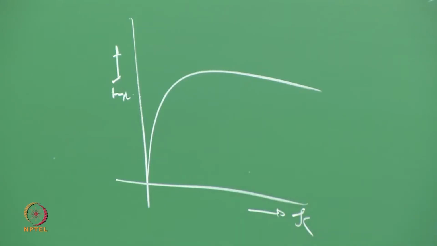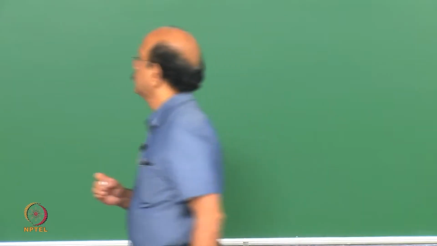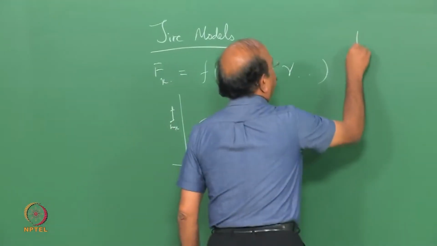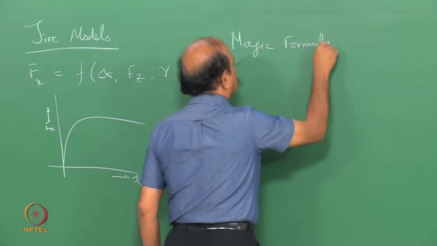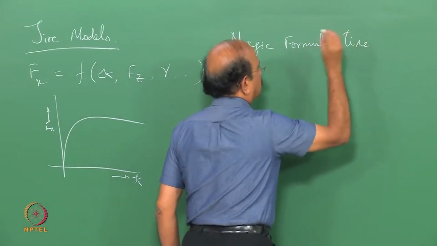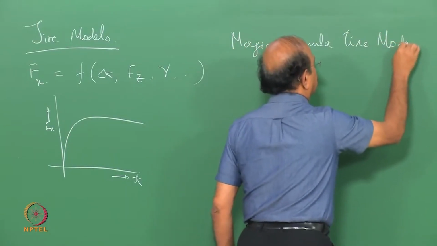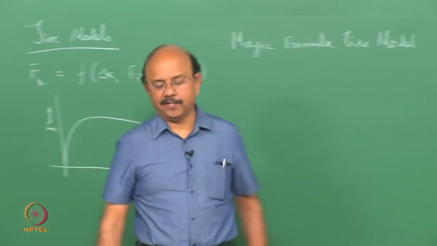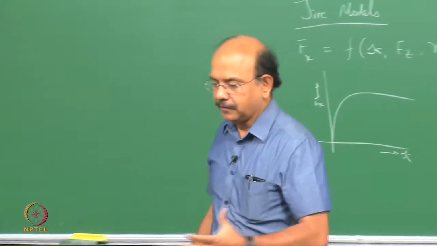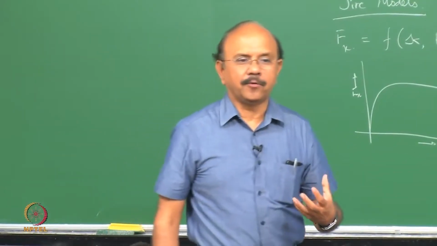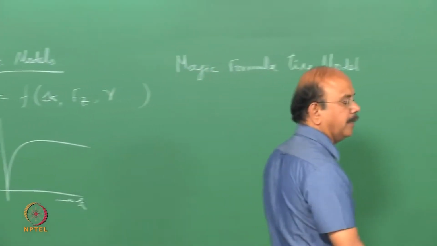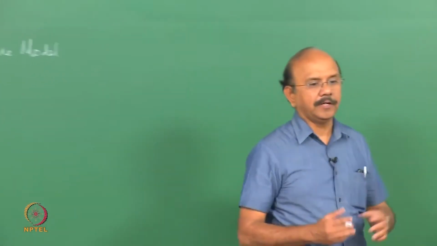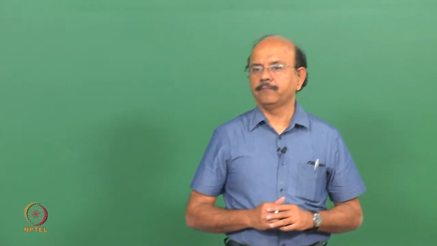The foremost tire model used extensively by people is what is called the magic formula tire model. You can use TI or TY or whatever you want, but the magic formula tire model is one of the most important models used today in the vehicle dynamics community. There are other models.